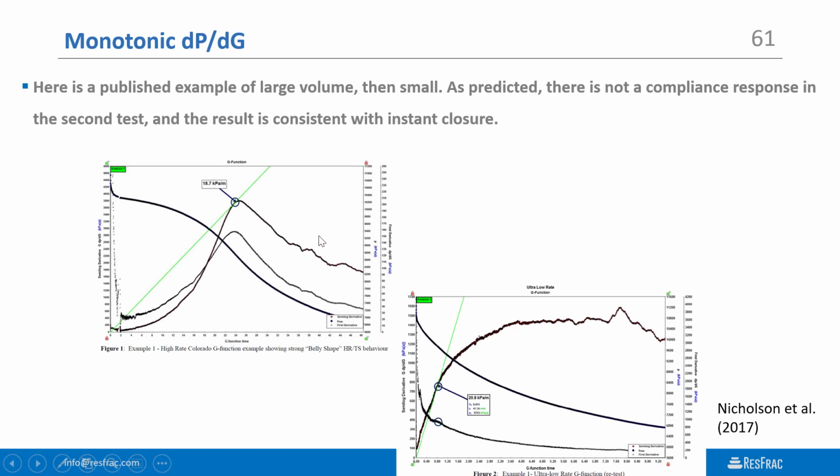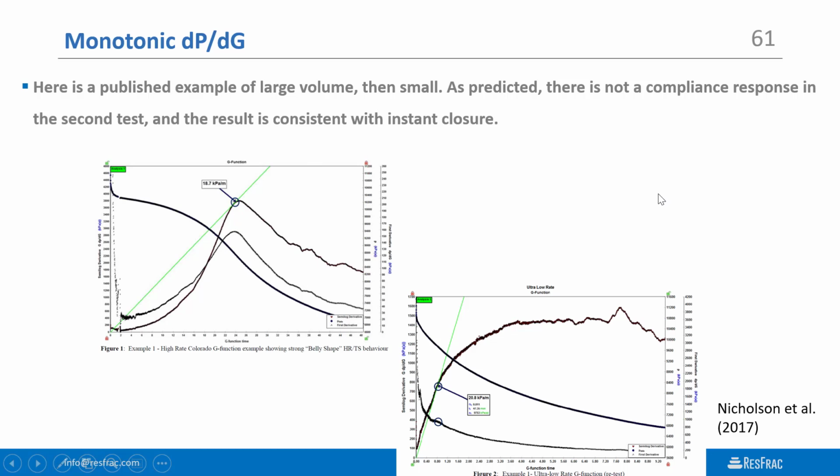So this is very predictable, and I've seen many examples of this. I would even hazard a guess to say that this will nearly always happen if you inject a large volume and then a small volume. The second injection, the lower volume, is injecting into a bigger system. It has instant closure, and you'll get these monotonic DPDG responses, even if you have a very clear response the first time. So that's an important thing to keep in mind.